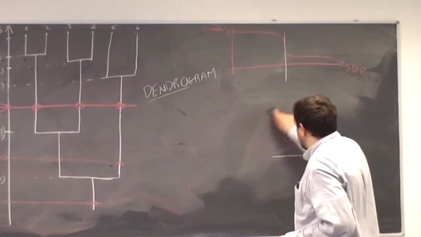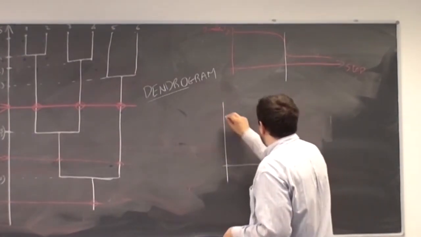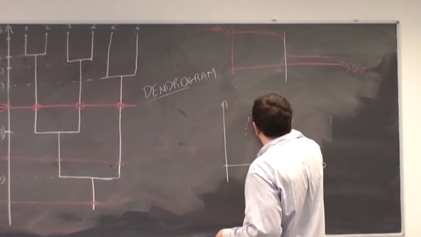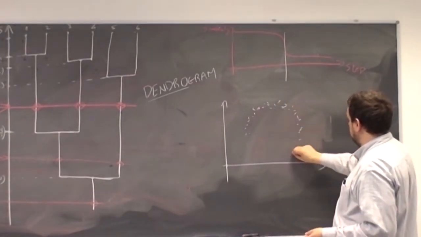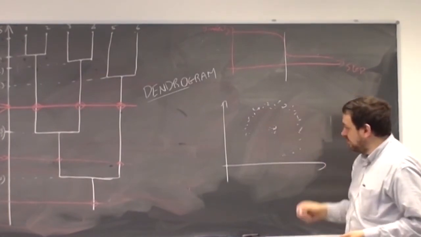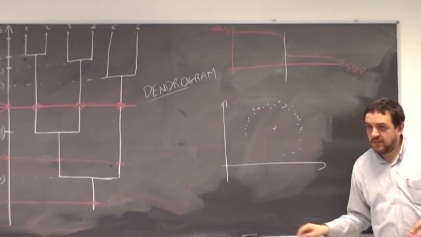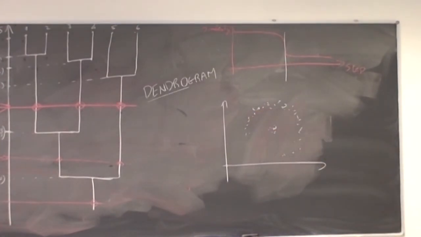Let's look at another example. The other example that I have done before. So, a long string of points and another group of points here at the center. What happens with this clustering procedure?